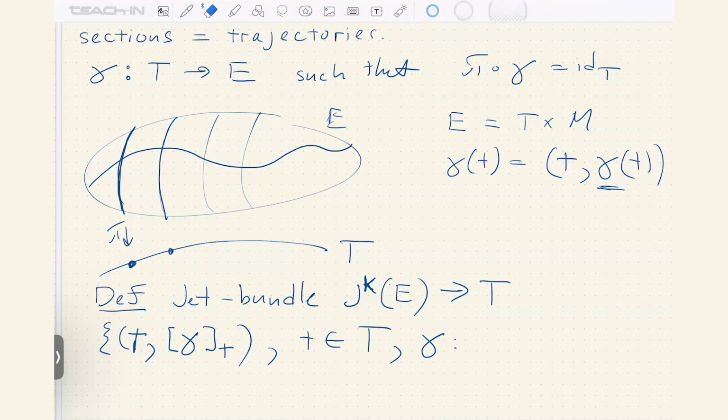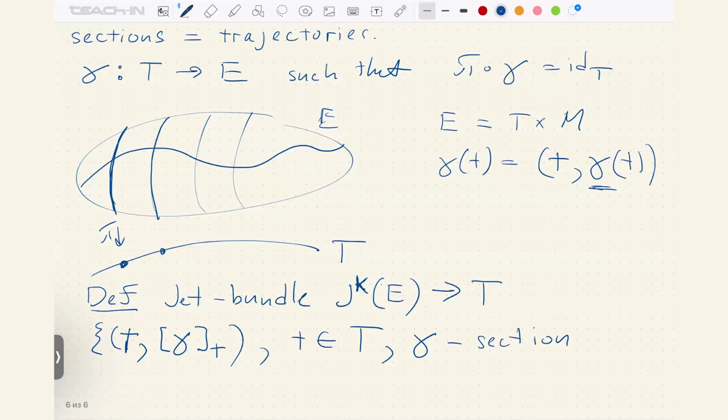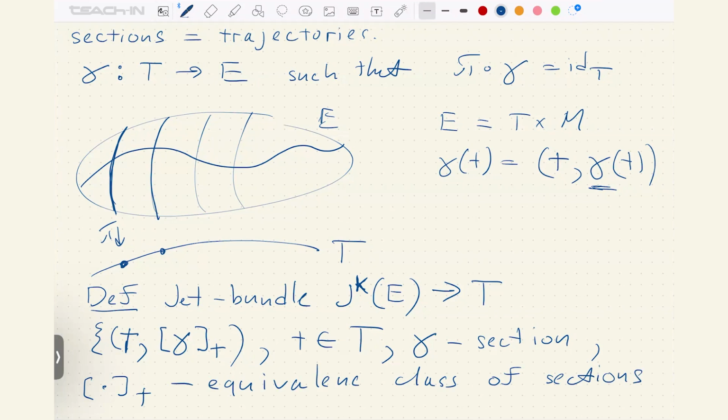Let me say it in words not to introduce too many notations: this notation denotes an equivalence class of sections at t.